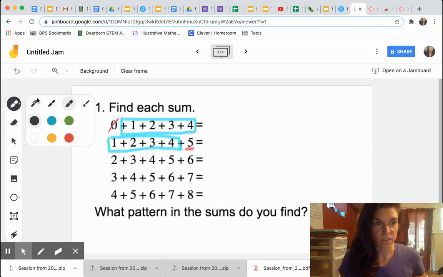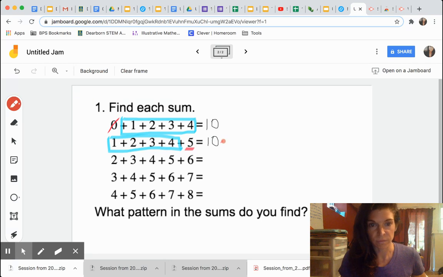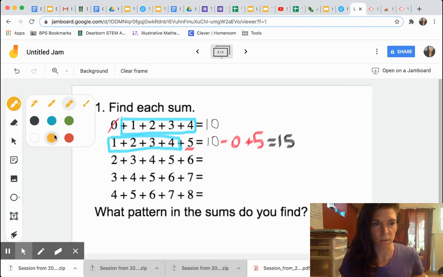So if our first answer was 10, then this new answer is going to be 10. We get rid of the 0, and we add the 5. 10 minus 0 plus 5 equals 15.